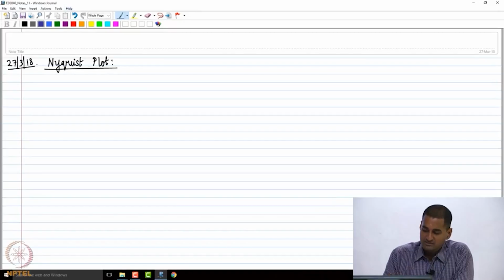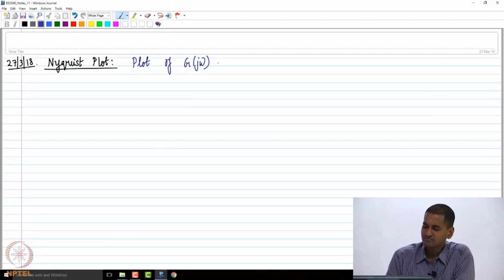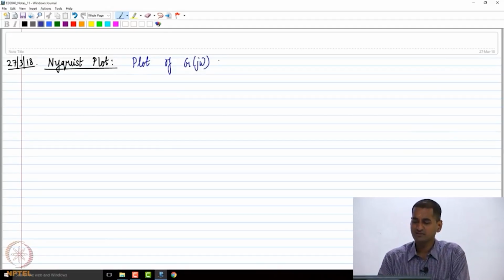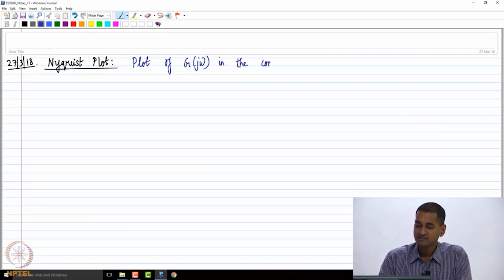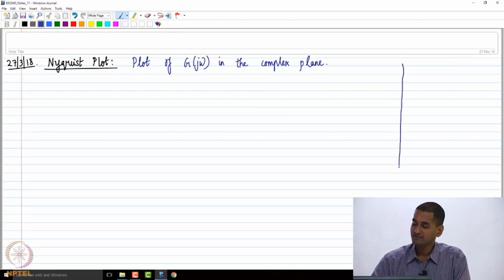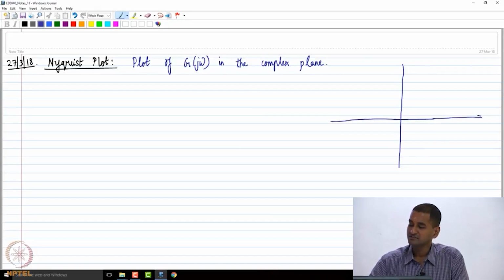So what is this Nyquist plot? A Nyquist plot is nothing but the plot of G of j omega, the sinusoidal transfer function, in the complex plane. That's it. So it is pretty straightforward to understand. We essentially plot the real part of the sinusoidal transfer function versus the imaginary part of the sinusoidal transfer function in the complex plane.